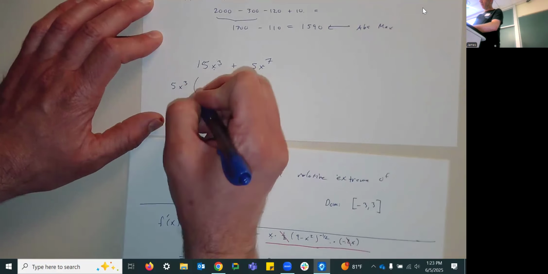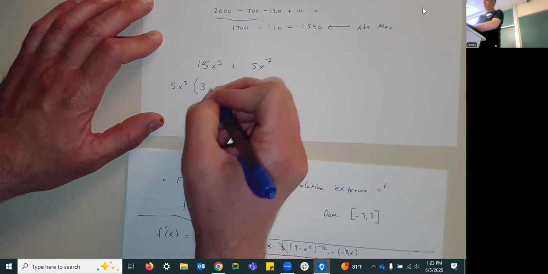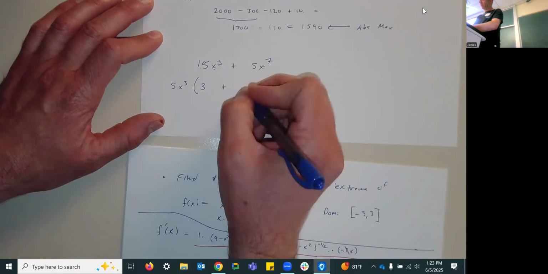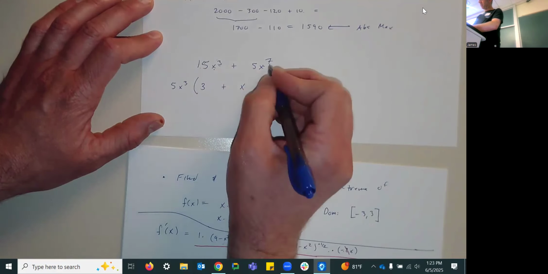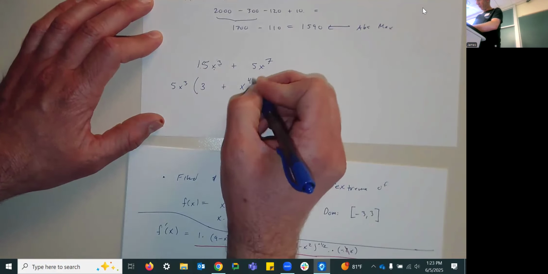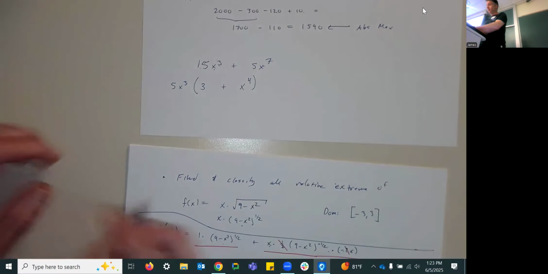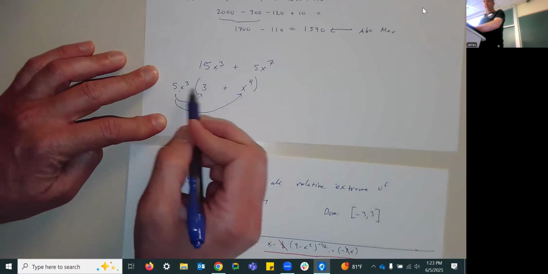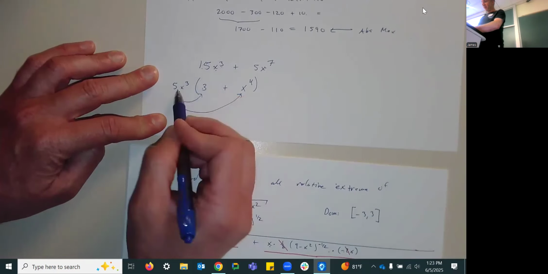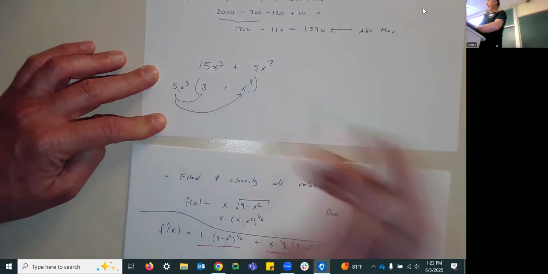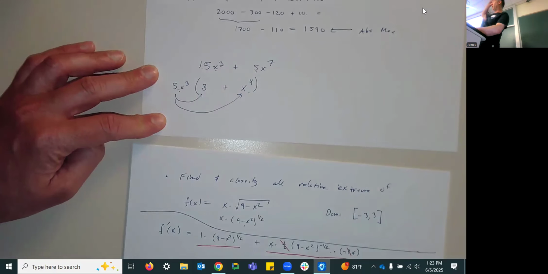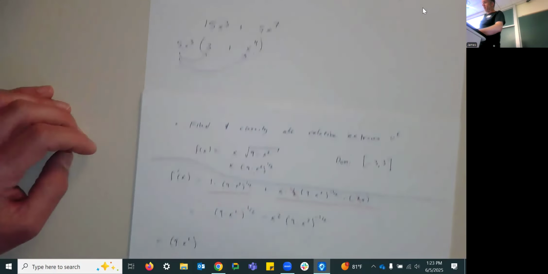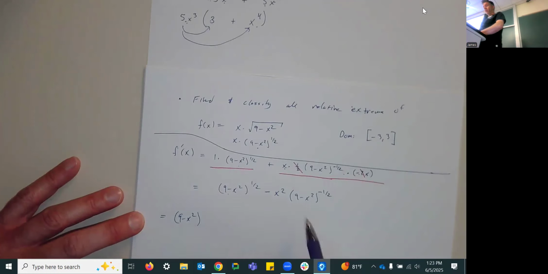And you're left with 3 times x to the 0th plus x to the 7 minus 3, which is 4. When you multiply that back through, you get exactly 5x cubed times 3, which is 15x cubed, and 5x cubed times x to the 4th, which is 5 times x to the 3 plus 4, x to the 7th.